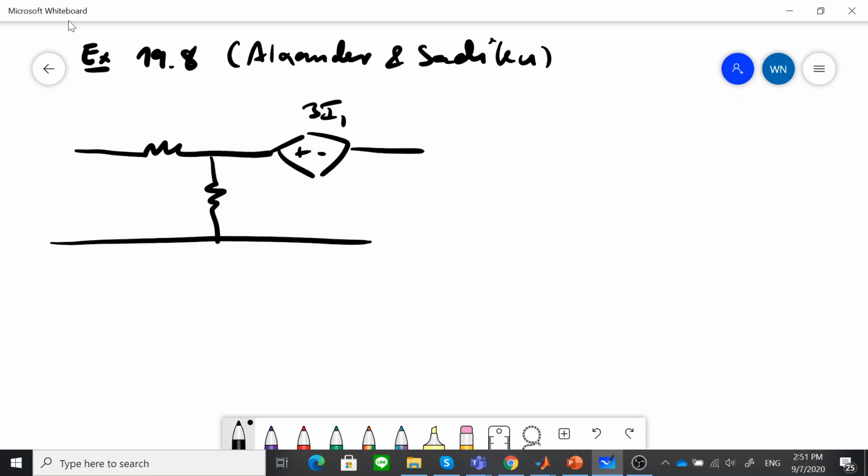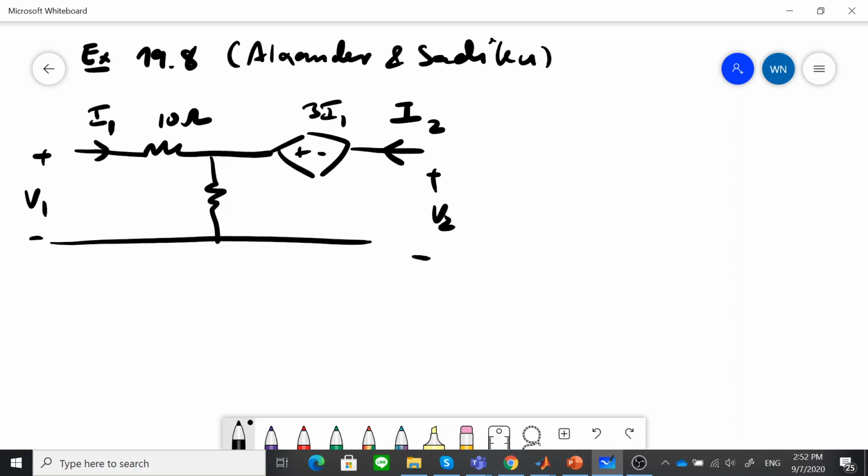We have two ports. One port, port 1, is on this side, with I1, and we put the current going into the port as I2, and this is the V2.